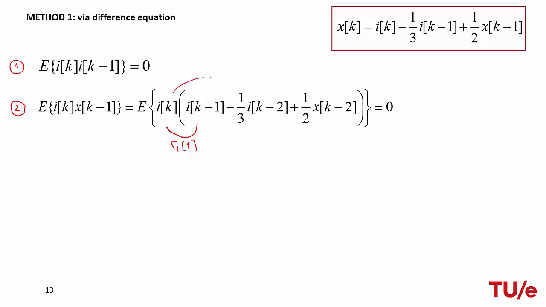The second term is the autocorrelation of I for lag 2, and this is also equal to 0. And finally we have this one that gives me the expectation of ik times xk minus 2.